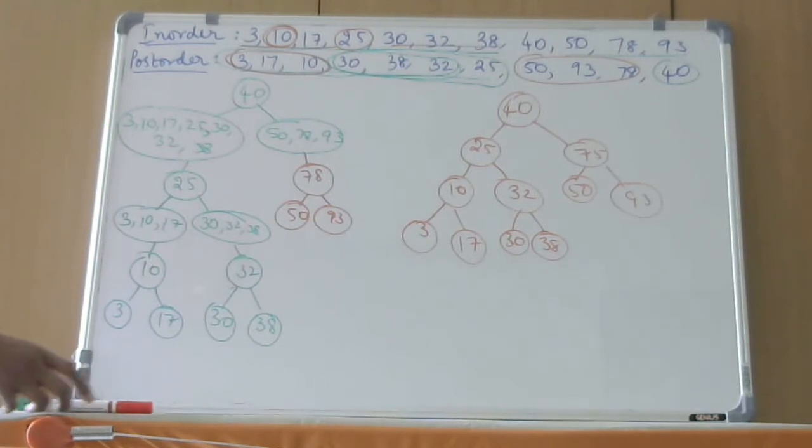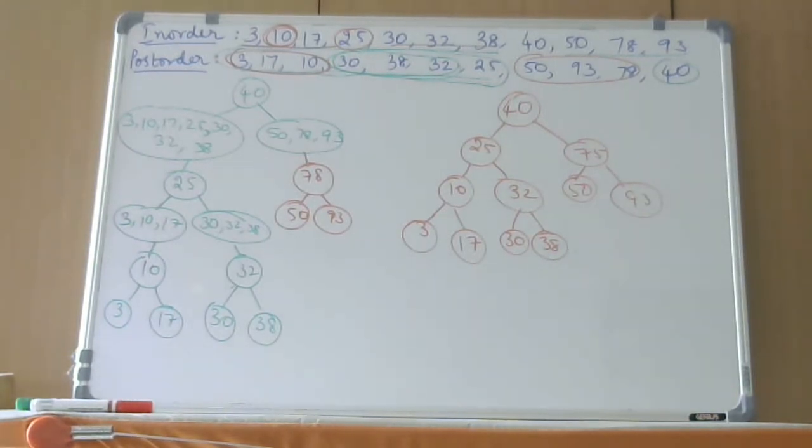Alright. So this completes your concepts on tree. We started with the definition of tree, we saw the terminologies used in tree, the different types of trees, the different types of binary tree, then what operations can be performed on a tree, how to create a tree, what is binary search tree, how we can do different types of traversals, and a couple of examples.